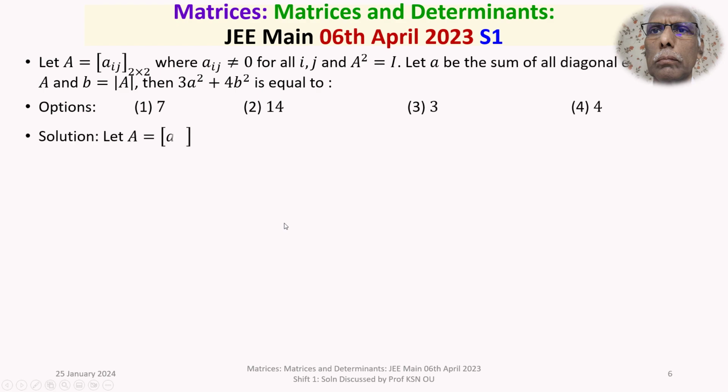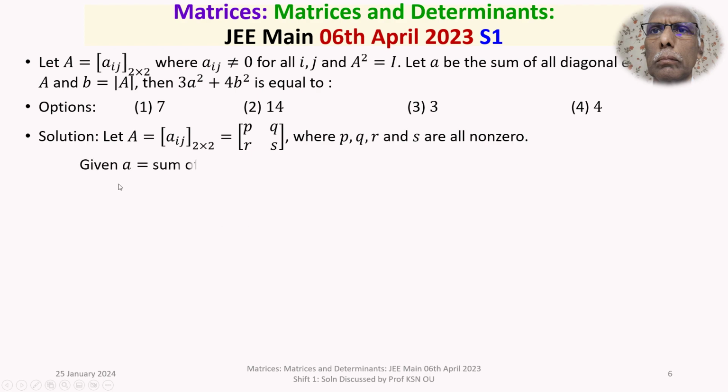We now discuss the solution of the problem in detail. Let capital A be a 2 by 2 matrix written as Aij 2 by 2. We write it as a 2 by 2 matrix whose first row is P, Q, second row is R, S, where the entries P, Q, R and S are all non-zero.